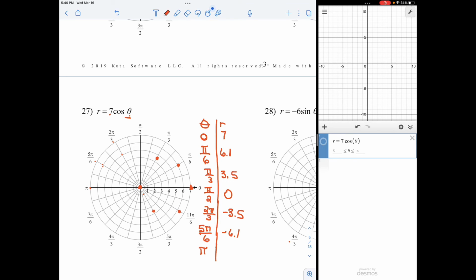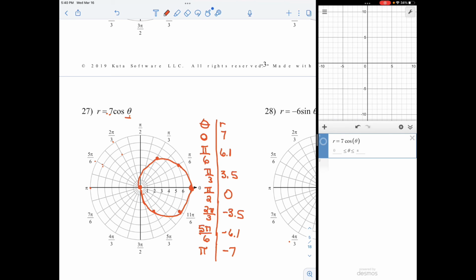At pi, cosine is -1, so that's going to make it -7. Normally I would have graphed it here, but since it's -7, it goes back. Once we complete that graph, we can say that that's its period. So the period of this graph is pi. And it's going to look something like that.